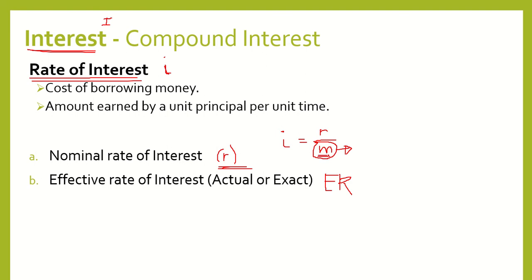So if you place an interest every month, in a year you have 12 months, so your M will be equal to 12. It depends on the problem. There will be times that compounding is done quarterly.